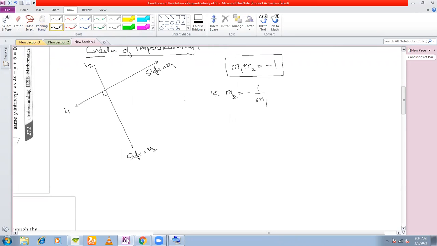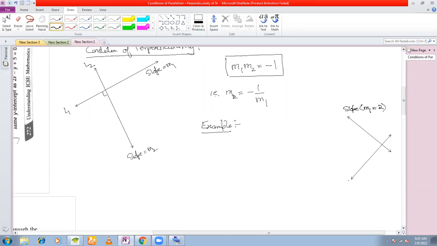For example, let's say I give you the slope of this line as, say, slope is equal to 2.